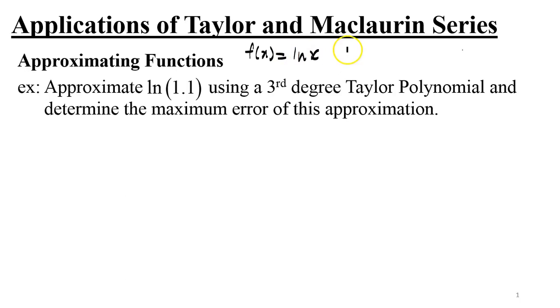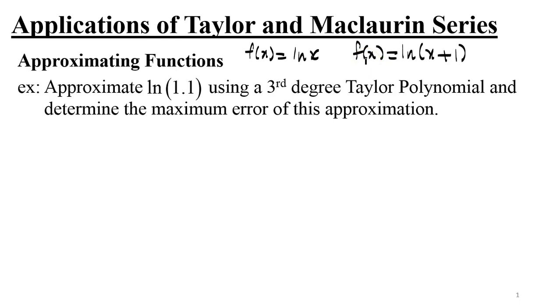ln x. Or, since 1.1 could be seen as 1 plus 0.1, you could also choose to go for f of x equals ln of x plus 1. So in using the first function to approximate ln of 1.1, you'd go for f of 1.1, while if you were using ln of x plus 1 to approximate ln of 1.1, you'd go for f of 0.1.